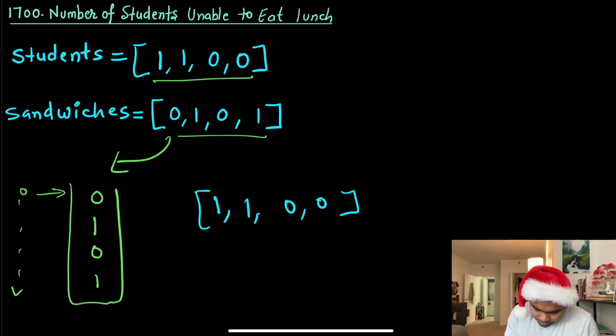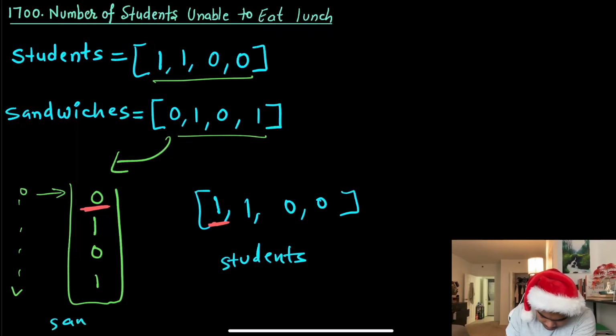So let's say I'm in the front of the queue and this is on the top of the stack, these are the sandwiches. Now what will happen is, I'll just write students, and this is sandwiches.